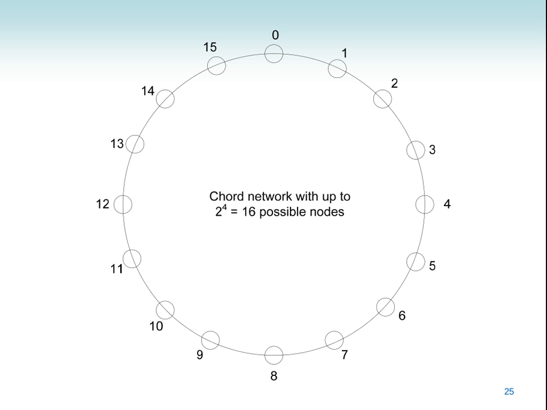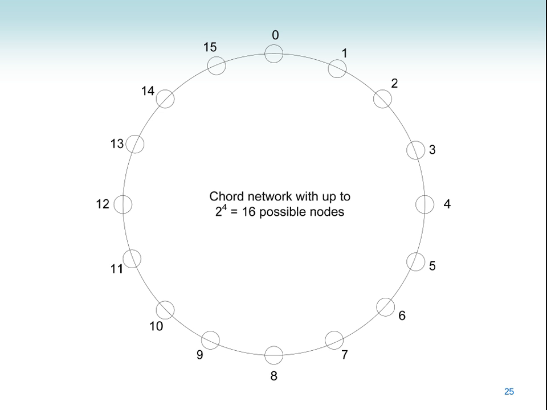Node 0 will send to 8. 8 would send to 12, because 8 would have routes to 9, 10, 12 and 0. We're searching for 15. 0 sends to 8, 8 sends to 12. 12 has routes to 13, 14, 0 and 4. So 12 would send to 14 and 14 would send to 15.